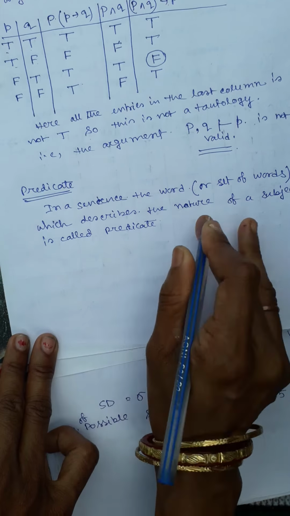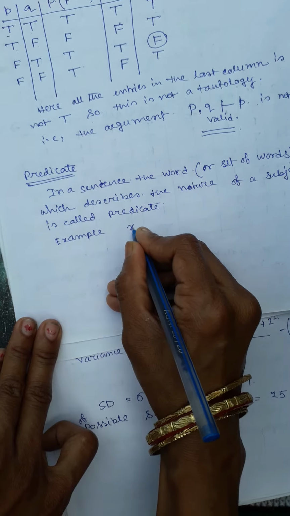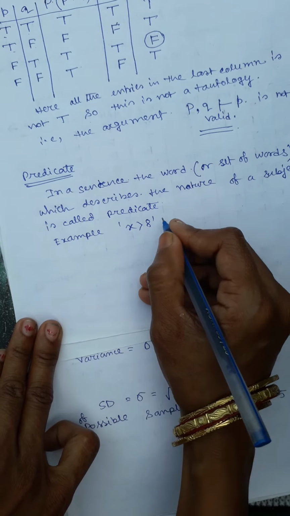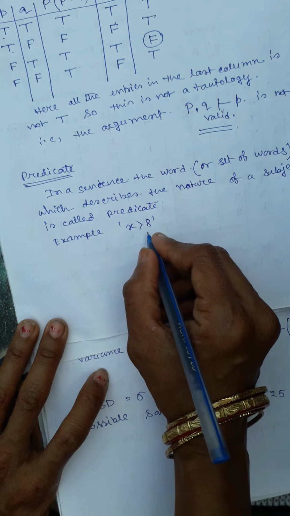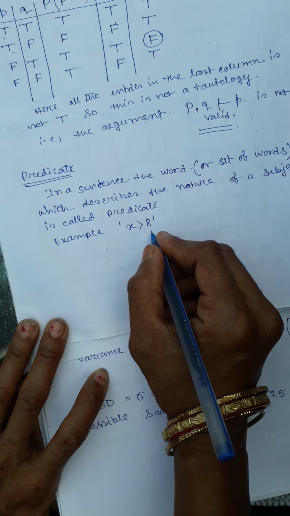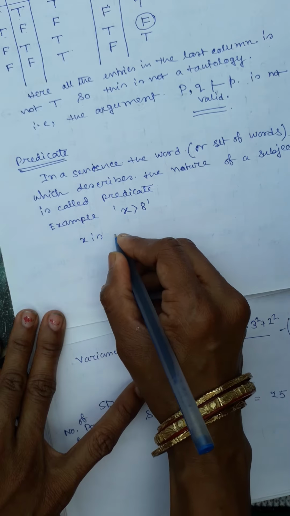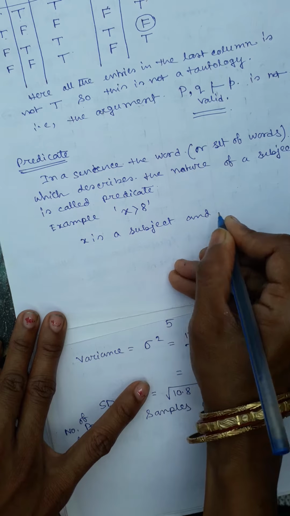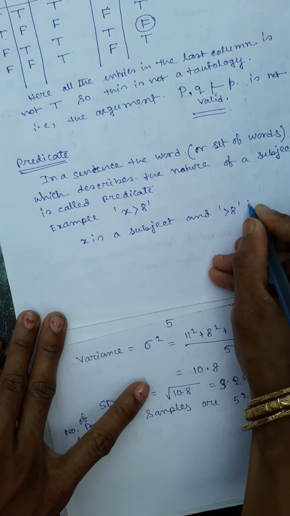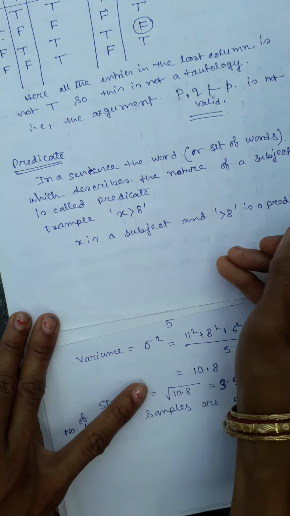That means, for example, if we write x greater than 8, this is a sentence, and here x is the subject and greater than 8 is the predicate.